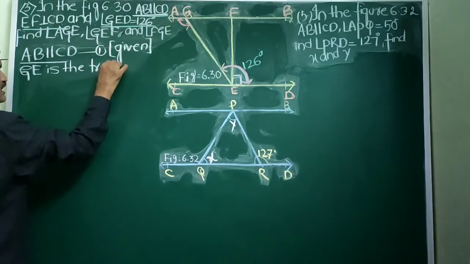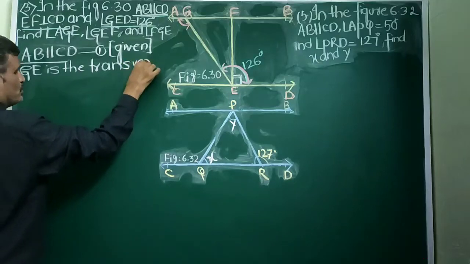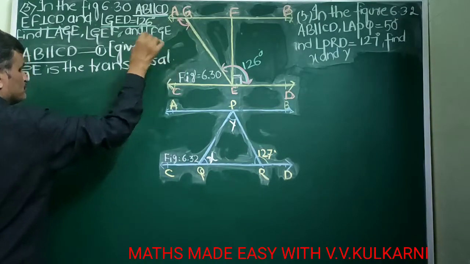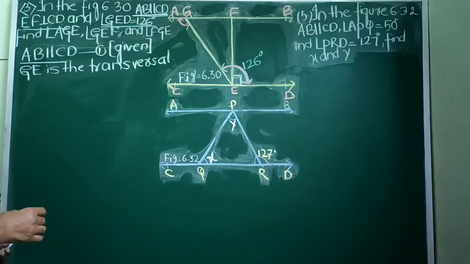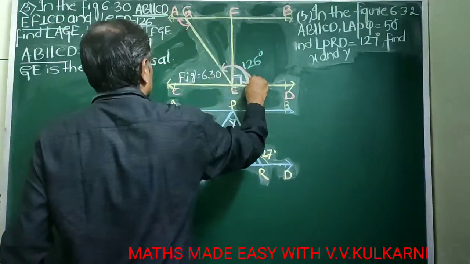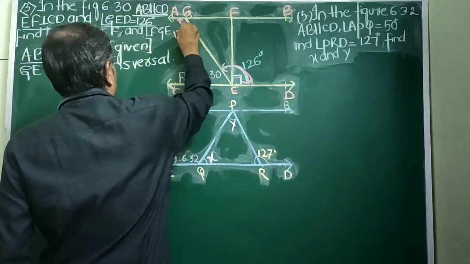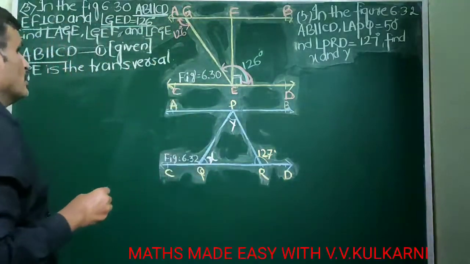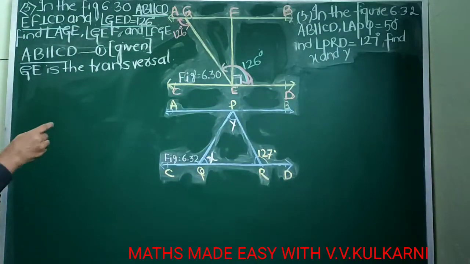Whatever points are given, those points only you have to use to solve the problem. GE is the transversal, so if this is 126, then this also will be equal to 126, because it is alternate interior angle.